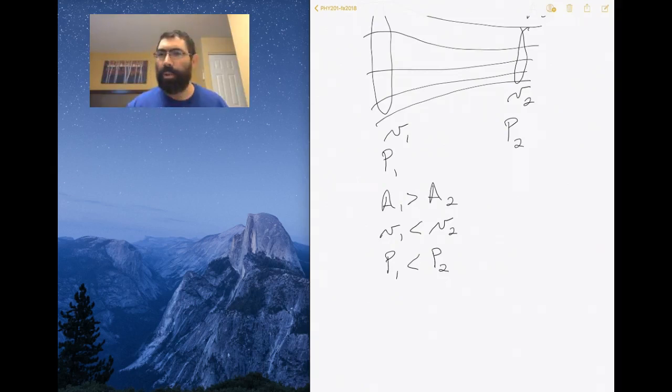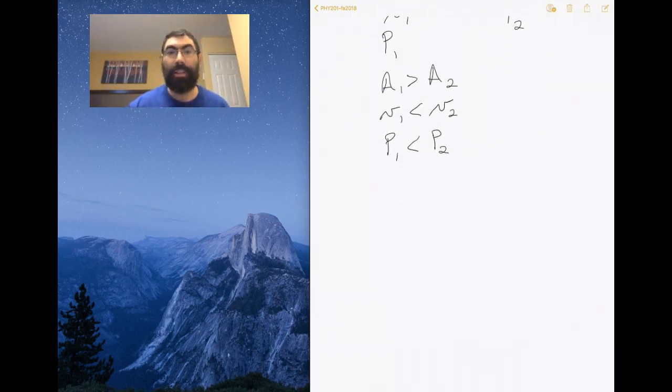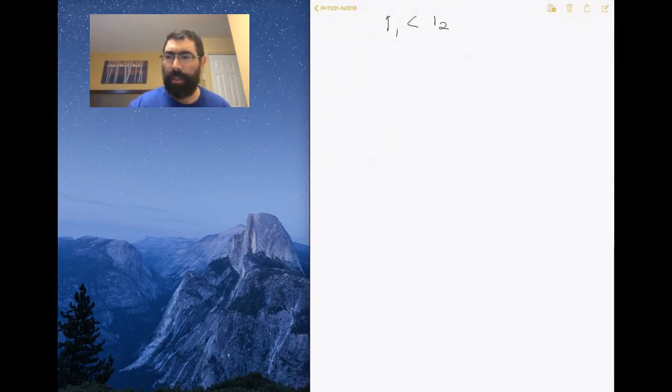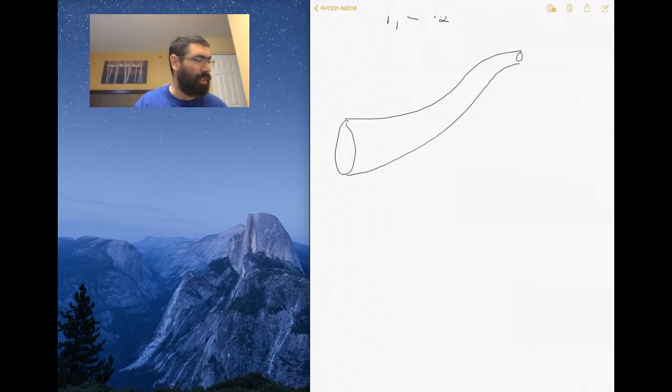But let's look at this more quantitatively, or basically let's come up with an equation that we can use to calculate these pressures. So let me draw a very complicated pipe. One in which it has two areas, area 1, area 2. Fluid is flowing into the left side and out of the right-hand side. There is a force, F1, pushing on the fluid.